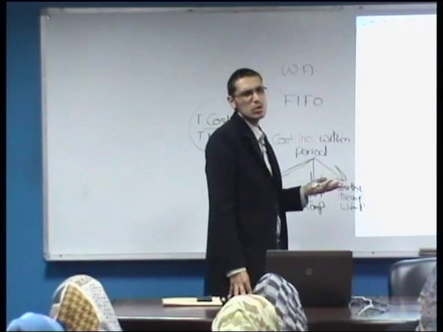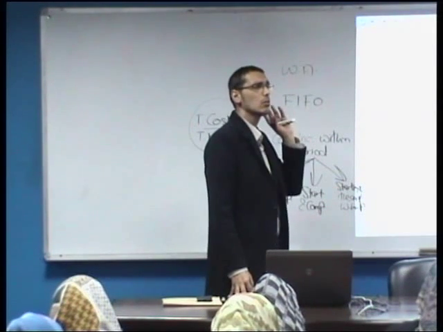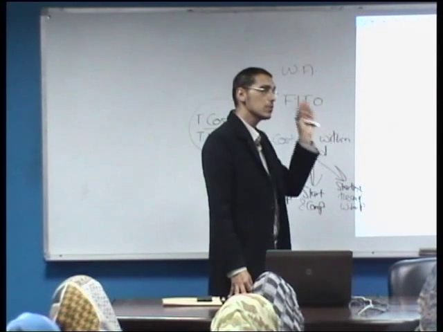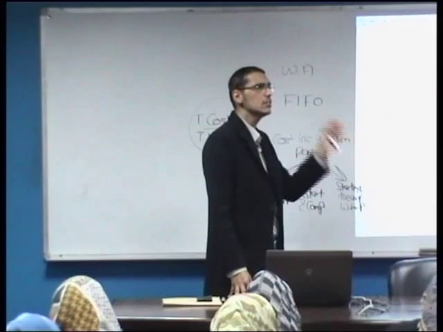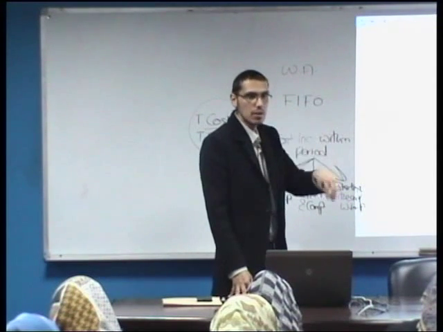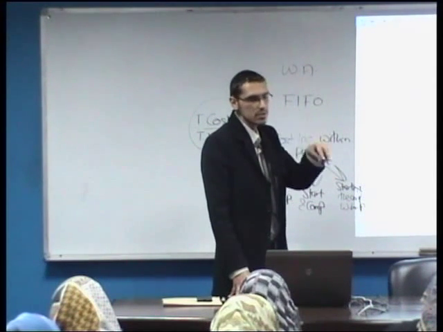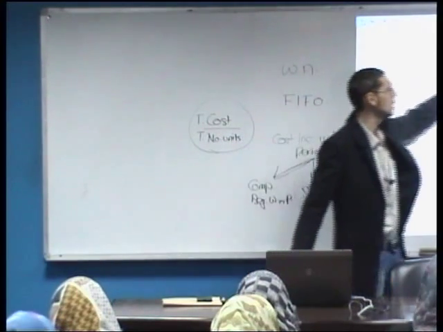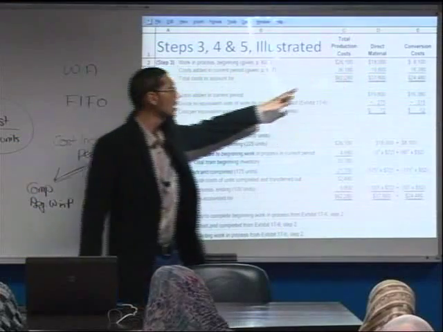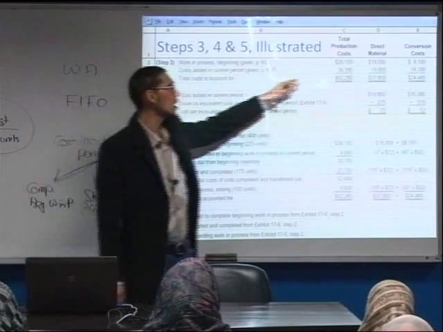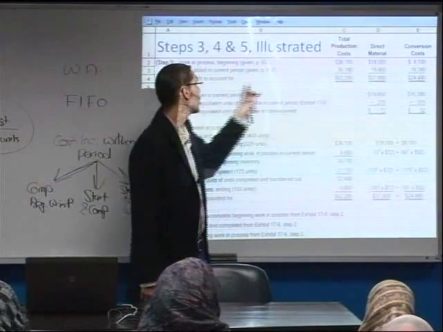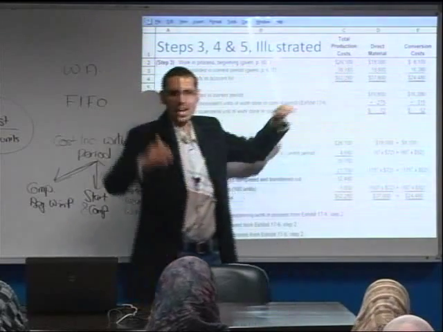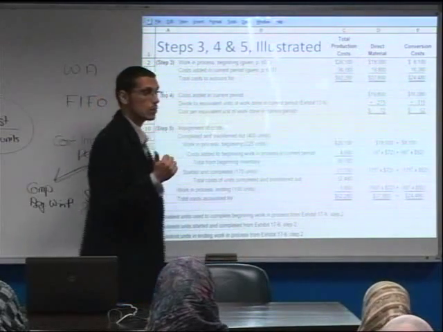Of course, the total cost to account for is the total cost, whether these costs have been incurred in the previous year or period, or within this year or current period. Therefore, as we can see here, the work in process beginning and the cost added within the current period. Therefore, the total cost to account for is the same step as the weighted average.